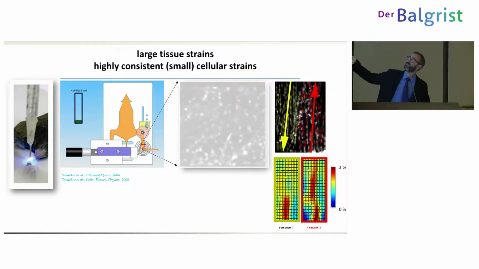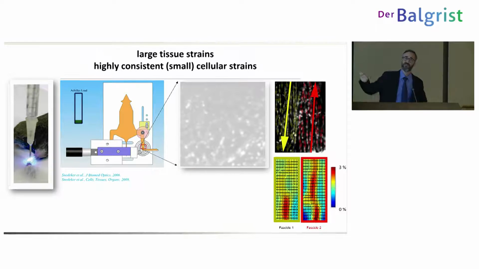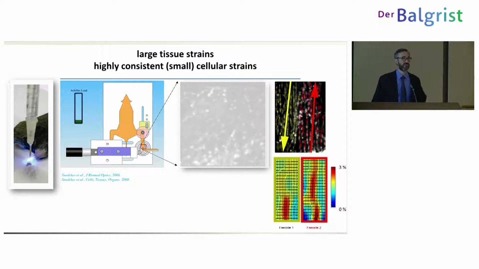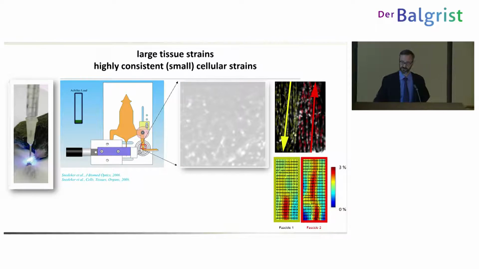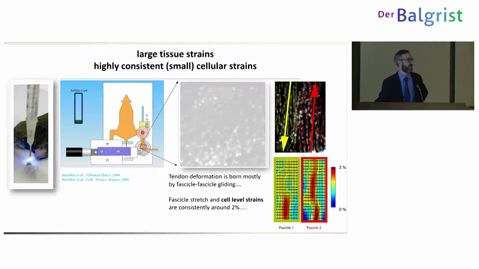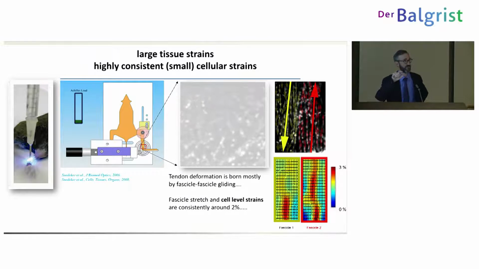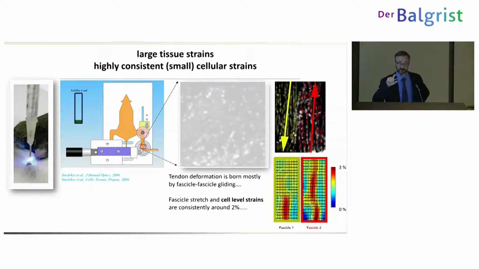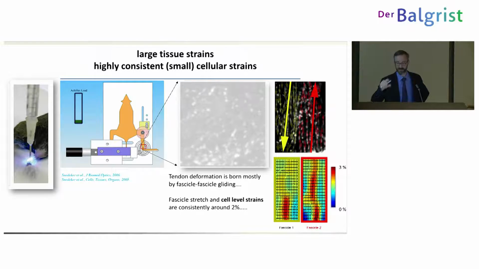You can see that these are basically the tissue strains. And although we're stretching the tendon about 30% or 40% even, the cells are really only being stretched about 2 to 3%. So basically you have these huge deformations in the whole tissue, but the deformations at the level of the cells are really small and actually very tightly regulated.